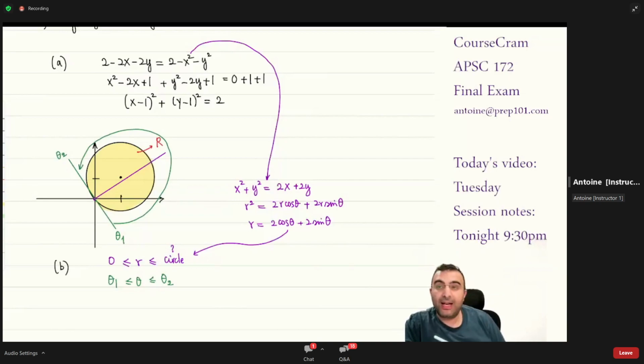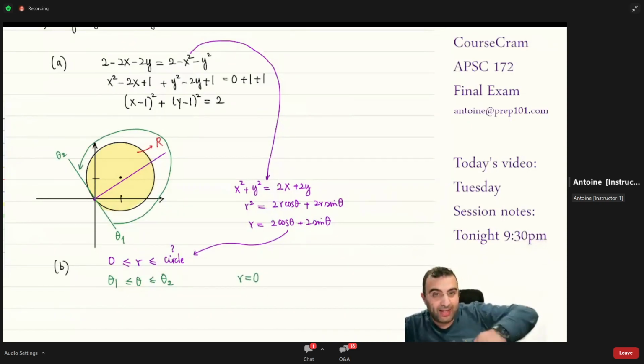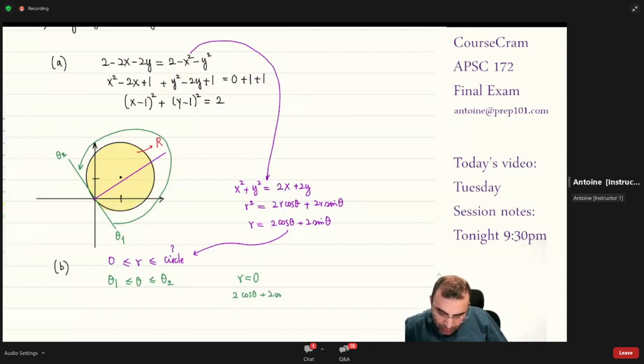Great. How do I get theta 1 and theta 2? The idea is that theta 1 and theta 2 happen when r is equal to 0. Those are the values of theta that make r equal to 0. So when do I have 2 cosine theta plus 2 sine theta equal to 0?